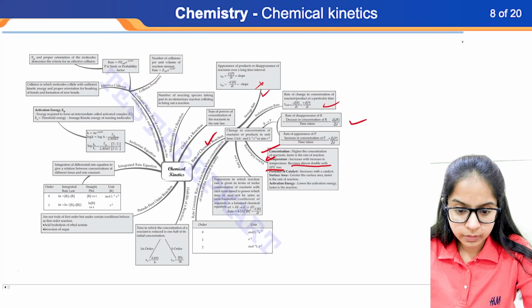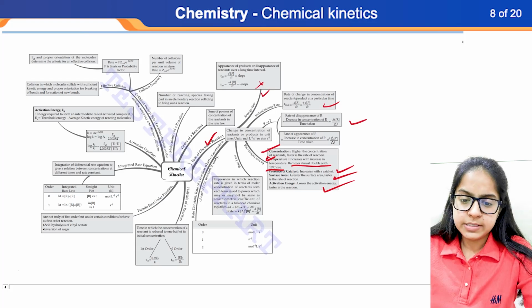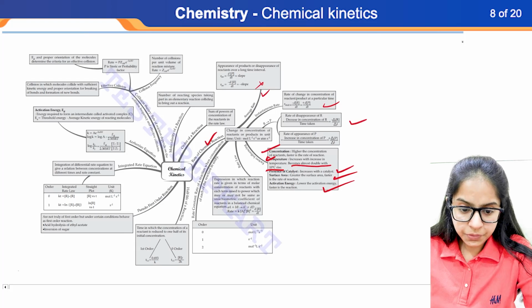Okay, now this is done. With the catalyst, the greater the surface area, the faster the rate of reaction, and the lower the activation energy, the faster the reaction. I have covered it with you.